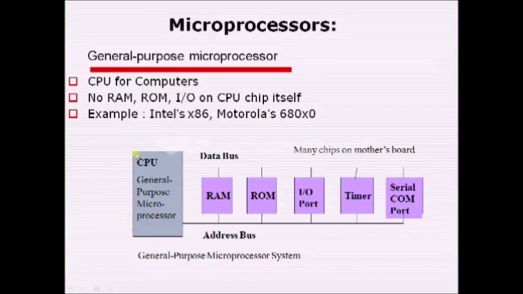And this processor can be used in any kind of application, so that is why it is called a general purpose microprocessor. This complete block represents how to build a computer with the help of a processor and some peripherals. Okay, and the examples are the Intel 8086 architecture and then Motorola's 68000 architecture.